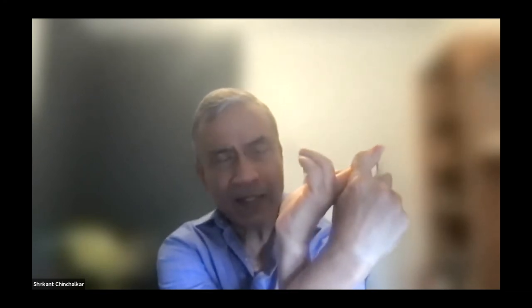So if we let go the ring finger, then there is a greater motion of the PIP joint. If we let go the long finger, then we even have a greater flexion of all the fingers. So many a time we do not pay attention to the excursion of the adjacent digits.